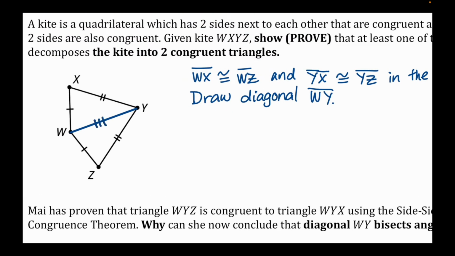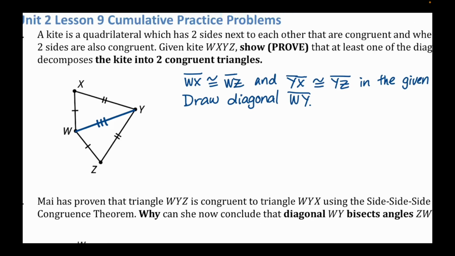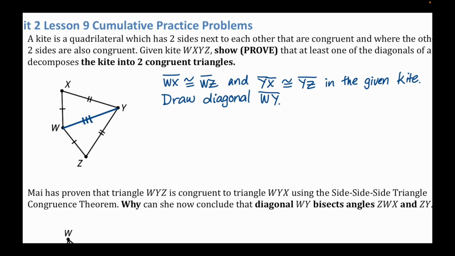I'm going to say this one here is congruent to itself, and that's going to be our third piece of information that we need in order to prove this congruent. So we can now say segment WY is congruent to segment WY.